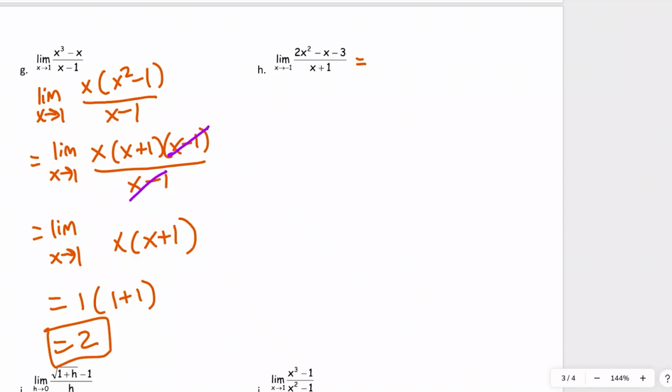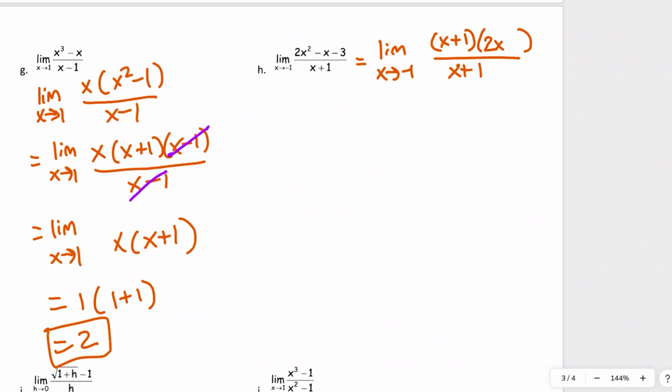So we'll try at least to factor this out. Let me make sure I write limit here. The limit as x approaches negative 1 of, I'm going to just assume one of the factors is x plus 1 so I can get these to cancel and let that inform me on what the next factor is going to be. So if the first term has to multiply to 2x, that means this has got to be 2x. 2x times x is x squared.